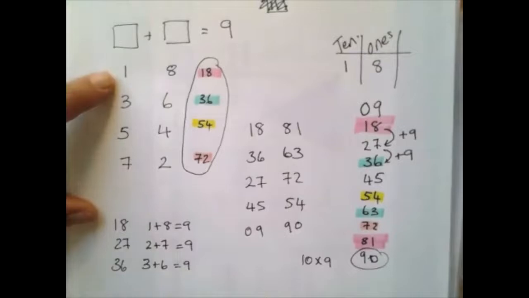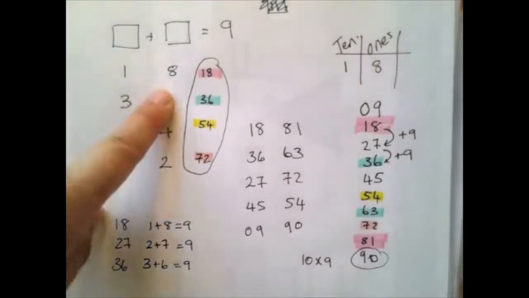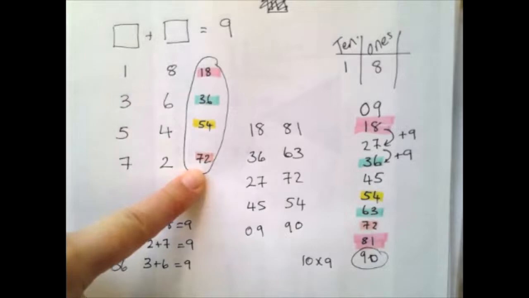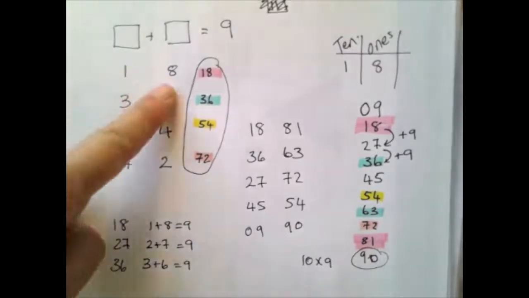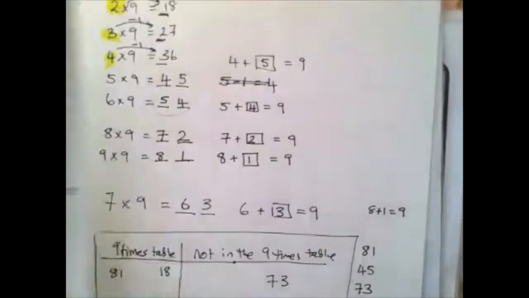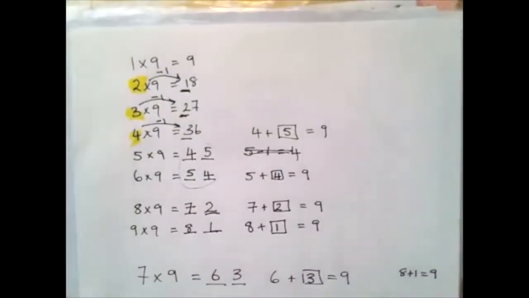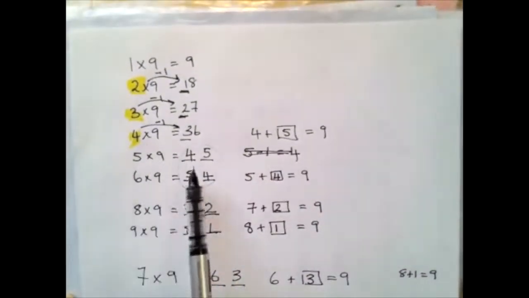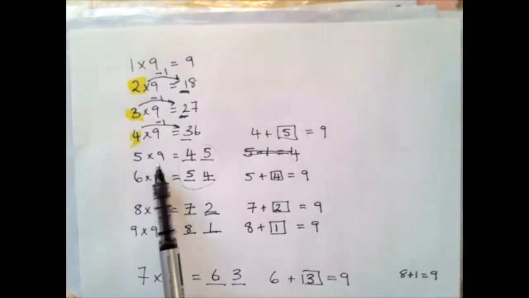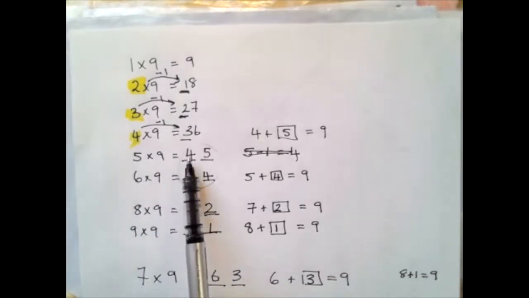And then we think about the fact that 2 digits add up to 9 will be a number in the 9 times table. We add the 2 digits, the 1 and the 8 is 9, 2 and the 7 is 9. We add those together to make 9. And that helps us get, when we think about going from 5 times 9, we have to remember this subtract 1.